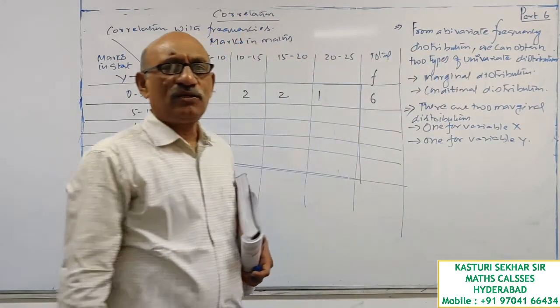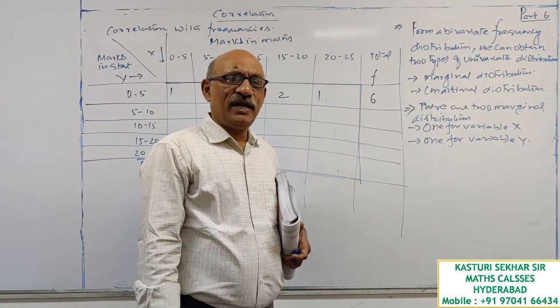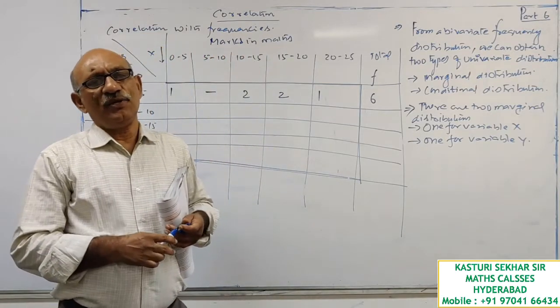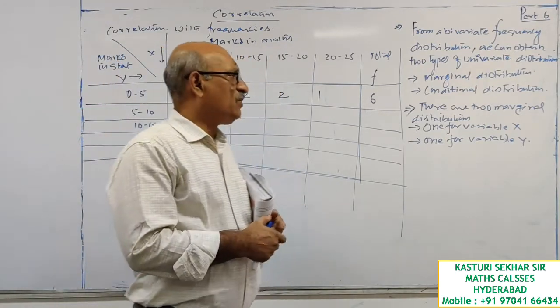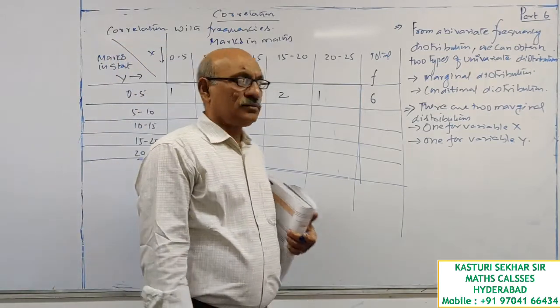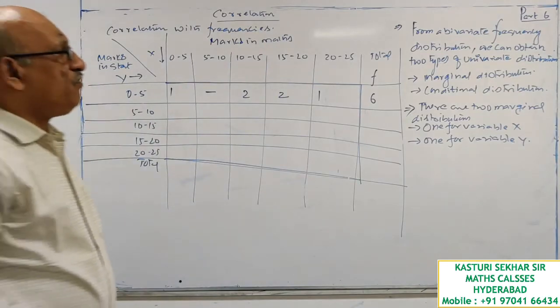One more theoretical question we have. How many marginal distributions can be obtained from a bivariate distribution? Two marginal distributions can be obtained. One is for the variable x and the other one is for variable y. Fourth point.